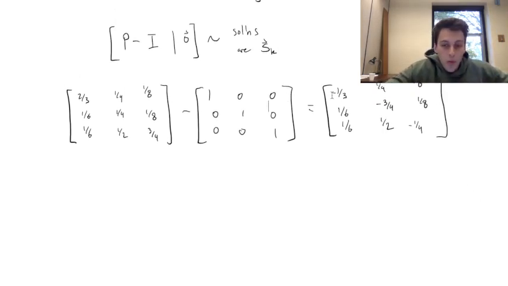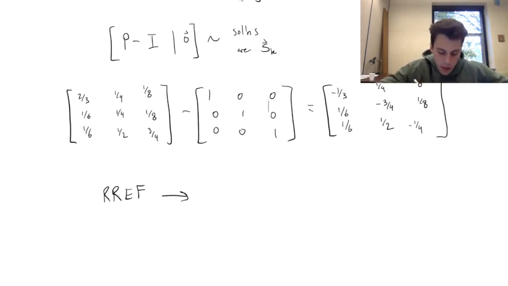So now we would row reduce this matrix because this is P minus I, right? We don't need to write out the column of zeros on the right-hand side. It's not going to change anything. But putting that matrix into reduced row echelon form, we are going to be left with the following matrix.